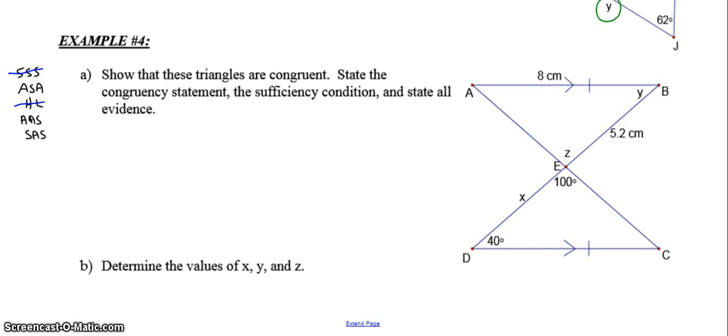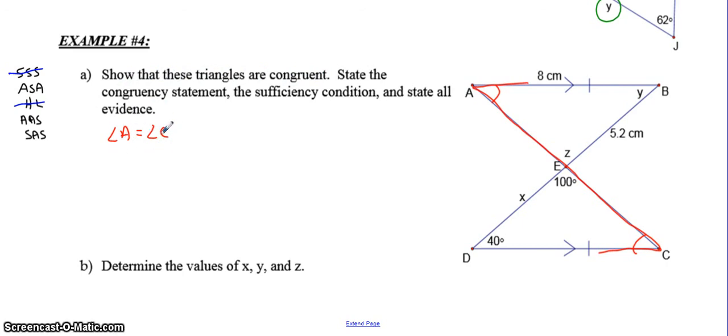So some things we can do is, because this line is parallel to this line, you can see a Z pattern right here. That means angle A is equal to angle C. And because you have to show that the triangles are congruent, you have to actually write this out.